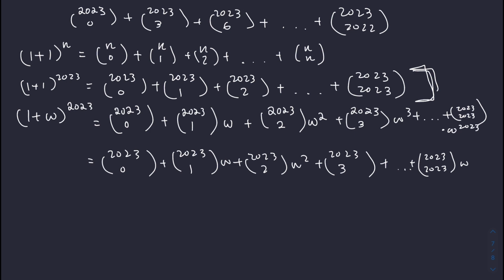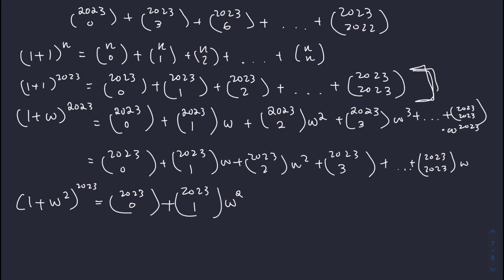Now, for our next step, we're going to bring in omega squared. So let's write the expansion for 1 plus omega squared to the 2023. Again, let's use the binomial theorem here. That'll give us 2023 choose 0, plus 2023 choose 1 times omega squared, plus 2023 choose 2 times omega to the fourth, and so on.